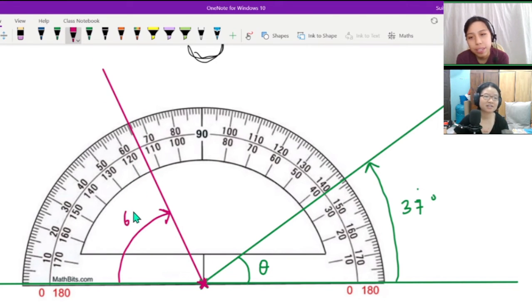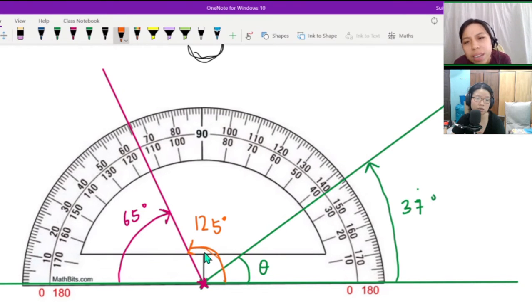We're reading the outer scale, right, for this left side? Yes. The inner scale is to read the complementary angle, from here to here. So this inner scale from here to here is your 125. So you add together, 125.